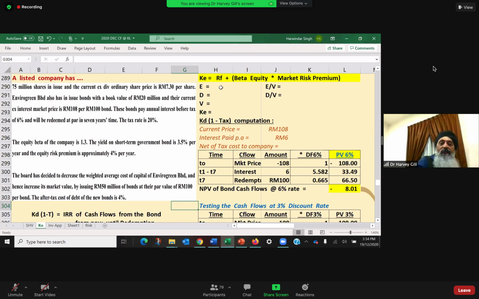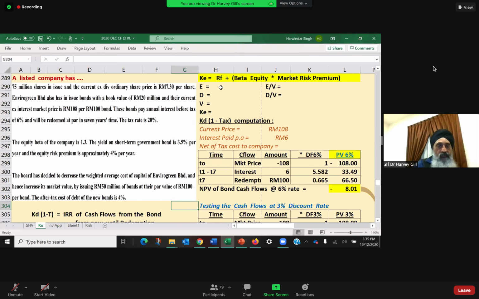The bonds pay annual interest before tax of 6%, and they will be redeemed at par in 7 years' time. So you will need to work out KD using an internal rate of return methodology, which I will show you. The tax rate is 20%. The equity beta of the company is 1.3. The yield on short-term government bonds is 3.5%, and the equity risk premium is approximately 4%.